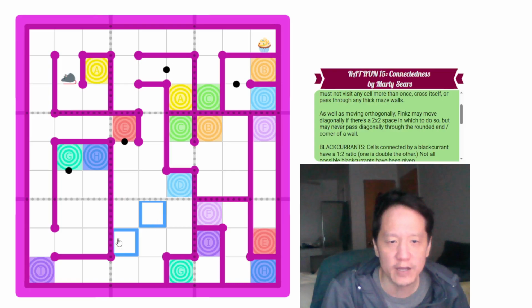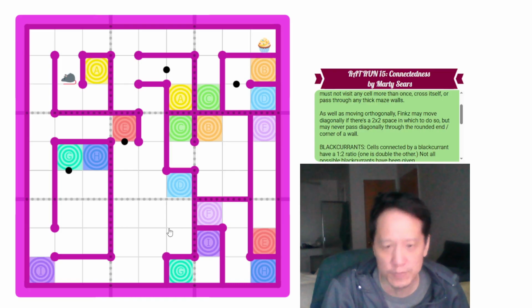It can move diagonally, but it can't go through a wall, and it can't go diagonally through one of these rounded ends. So it cannot go this way if, for example, you were trying to have a path go there, because it would be going through a wall, or through the rounded end of a wall.